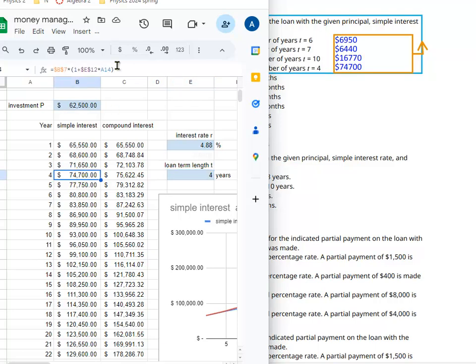And then the formula is this one here, which says multiply the original principal times the rate, which already is divided by 100, times the number of years that I put in. And then actually add the principal again. That's what the 1 plus in parentheses is about. All right, that's a few examples for simple interest.